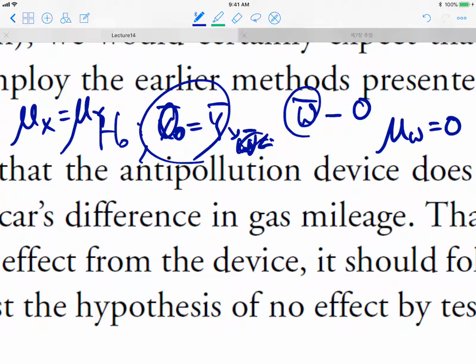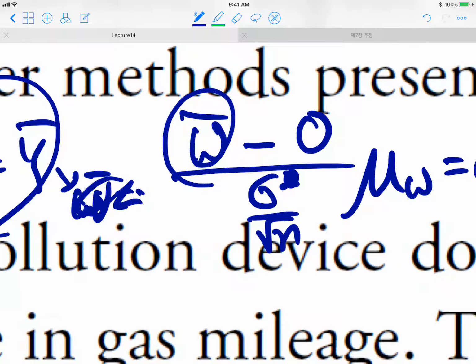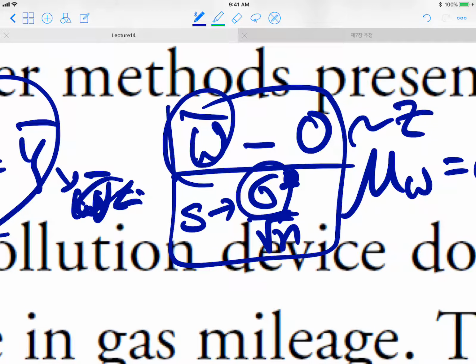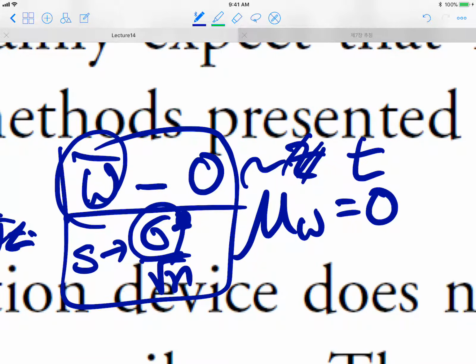So w bar minus 0, divided by sigma over root n, should be our sample statistic following the z distribution, but we replace this sigma with our sample standard deviation, and then we can change it to the t distribution with n-1 degrees of freedom.